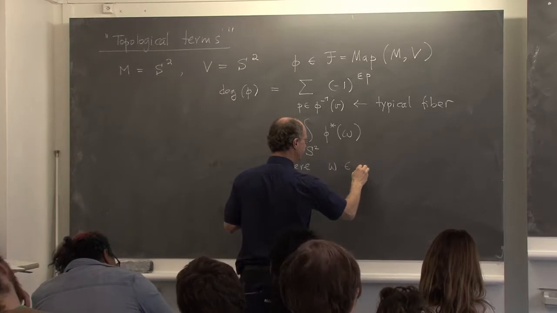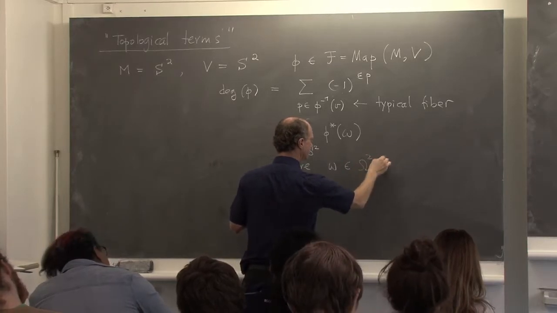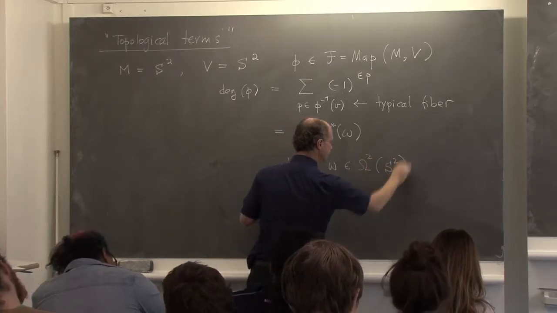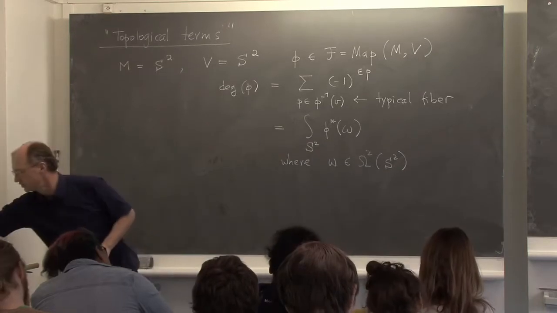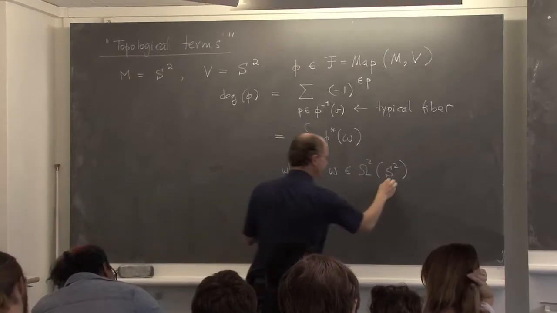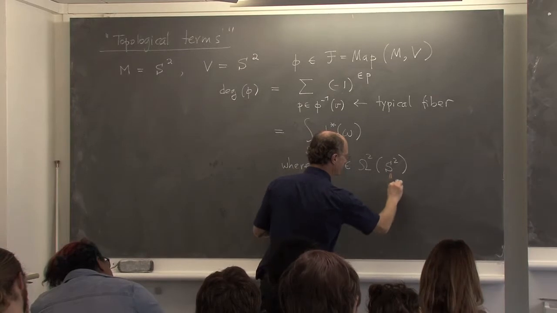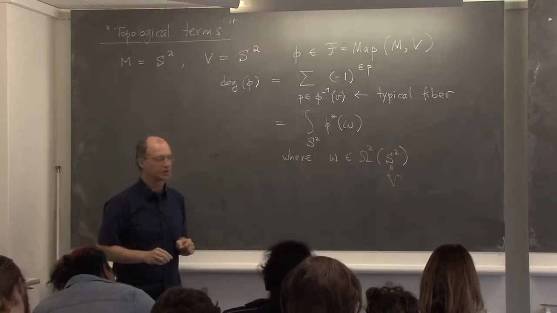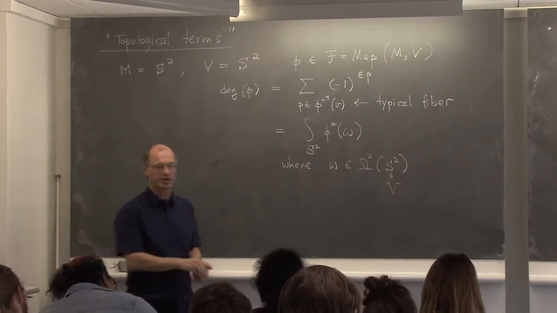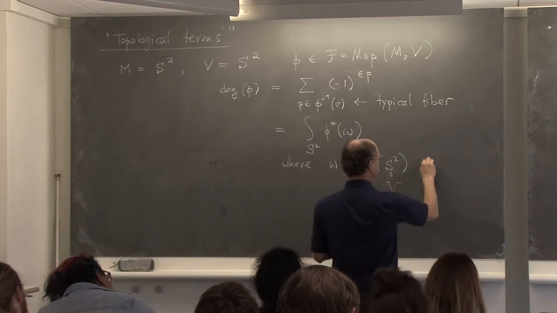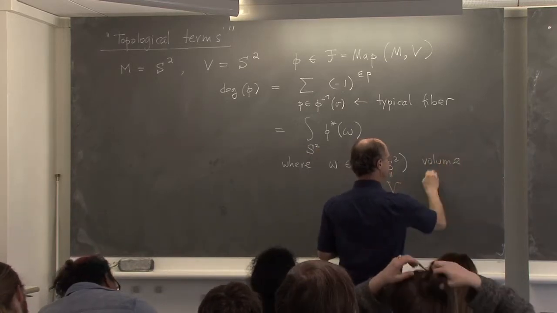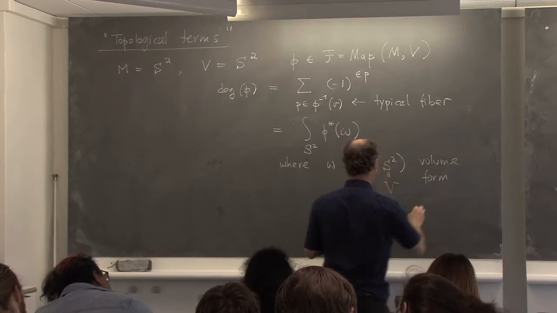omega will be a two-form on the sphere. Now this will be a two-form which is identified as the target. So I have a form on the target sphere, which is the volume form.